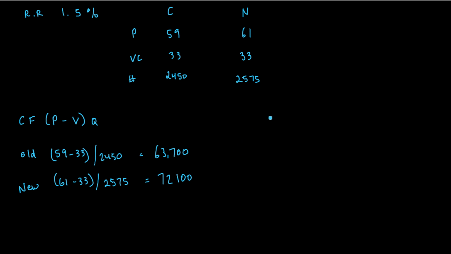We take PQ plus the variable costs times the change in the quantity, Q prime minus Q. Okay, so that's pretty easy for us to do, right?